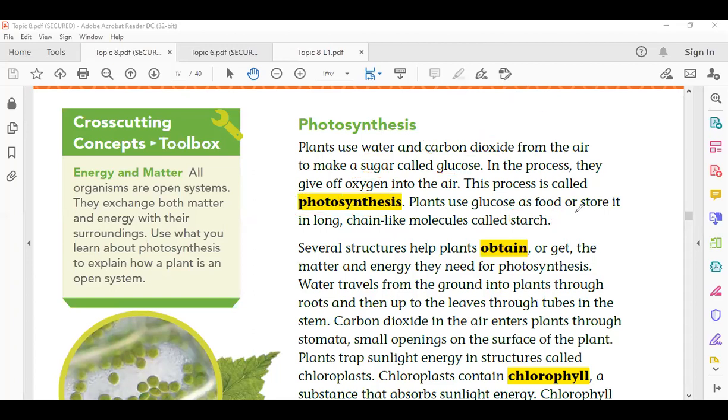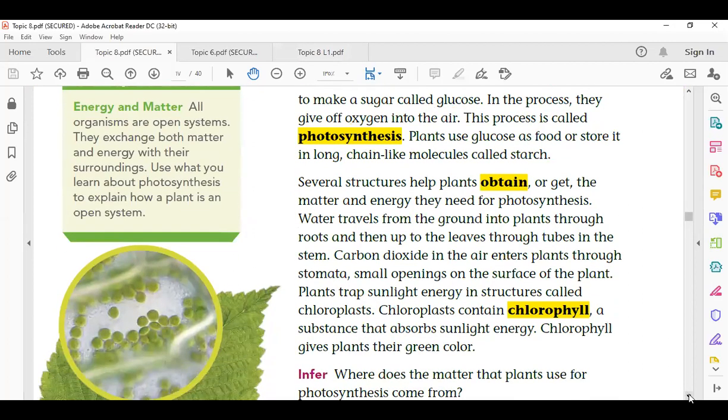Now plants have structures or parts that help them. Plants have structures that help them to perform photosynthesis. Without these structures, they can't perform photosynthesis.